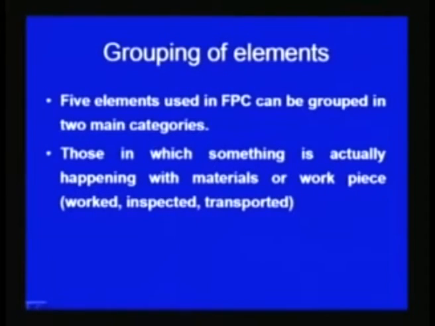These are elements like when material is being worked, its size and shape is changed, its composition is changed, or when the material is being inspected for its dimensions or finish, or when material is being transported. In all these cases, the material or the semi-processed product is touched during the operation. So, those activities in which something is actually happening with the material or the workpiece, like transport, operation and inspection, are the 3 elements grouped in this category.